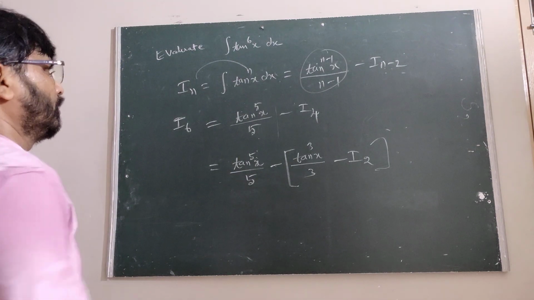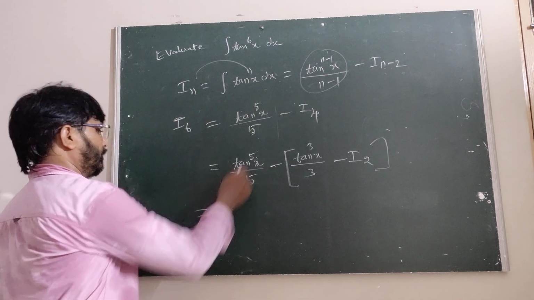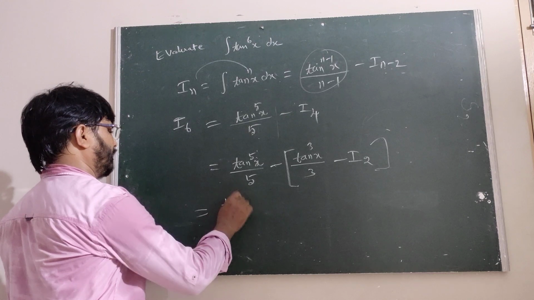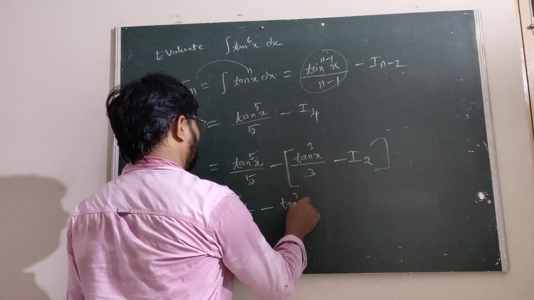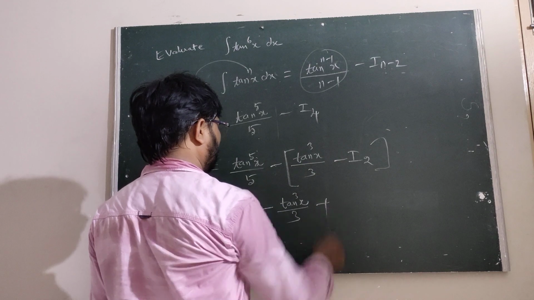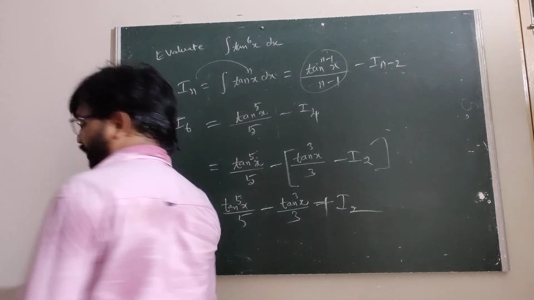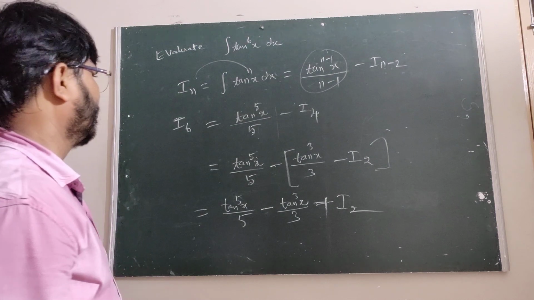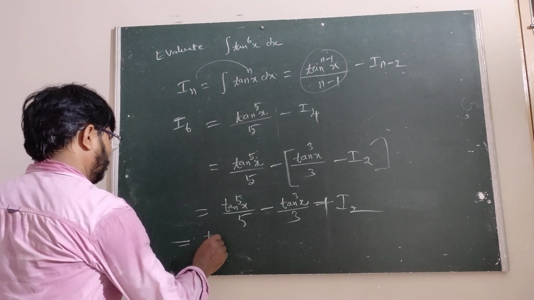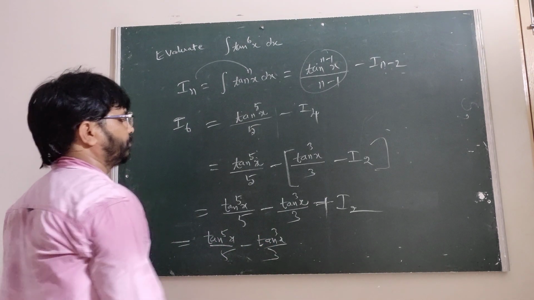Now how to write I2. That is tan power 5x by 5 minus tan cube x by 3 plus I2. I2 we are taking n equal to 2, that means the integral of tan square x.